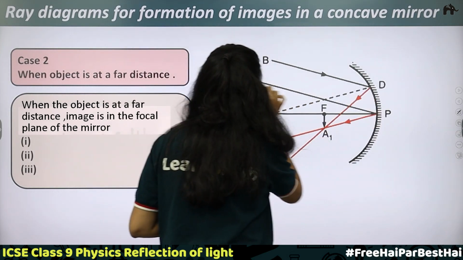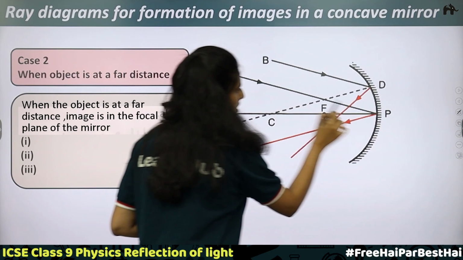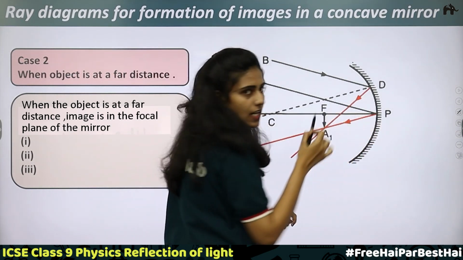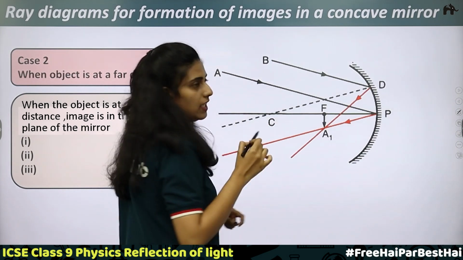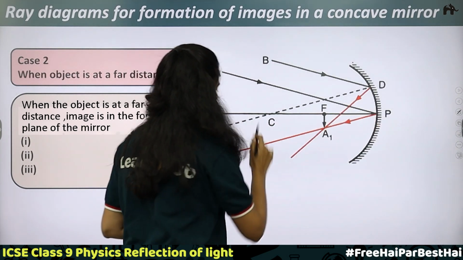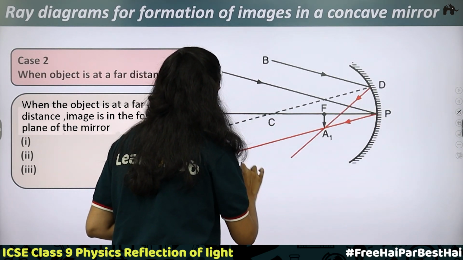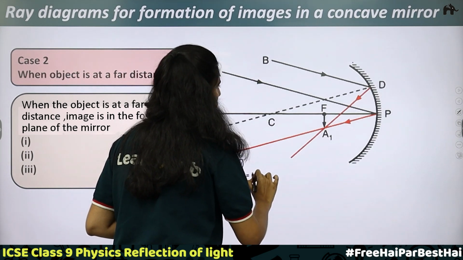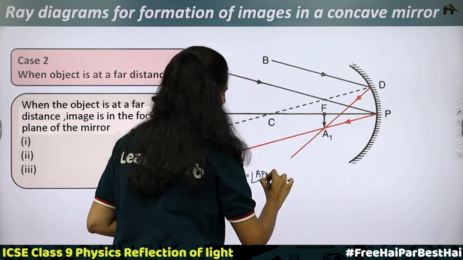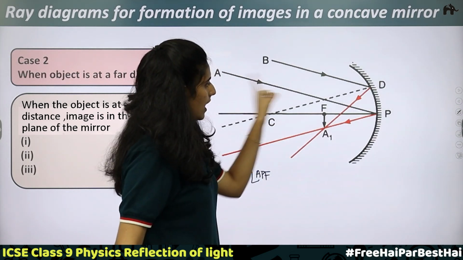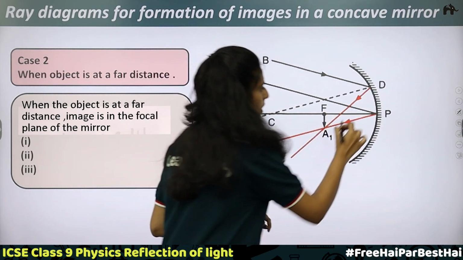So here, when you take the case of the first incident light ray, AP is the first incident light ray from P. The line passing through P and the center of curvature will be its normal. So this is a normal. So in the first case, the angle of incidence is equal to angle APF. APF is the angle, this one.